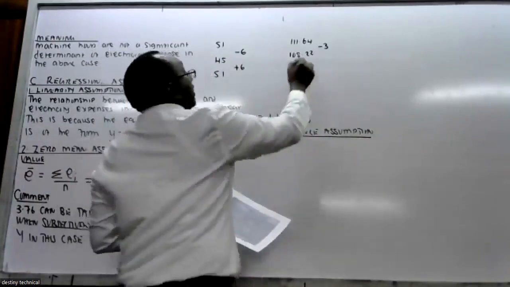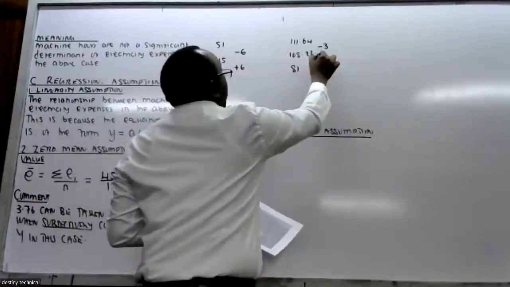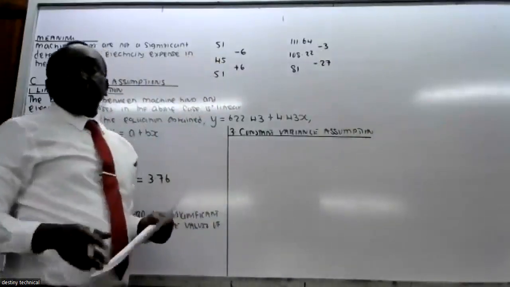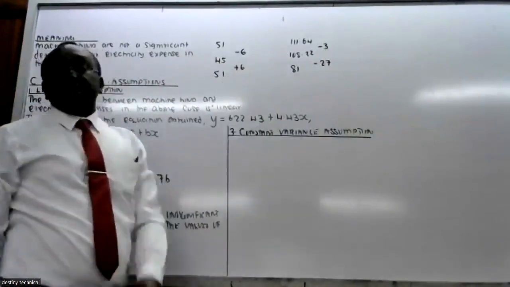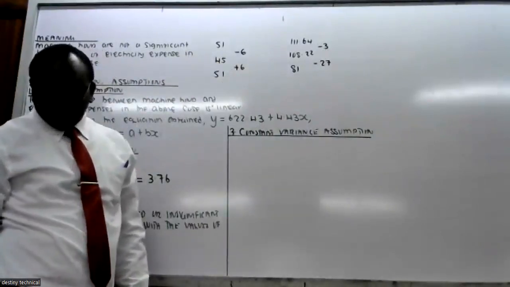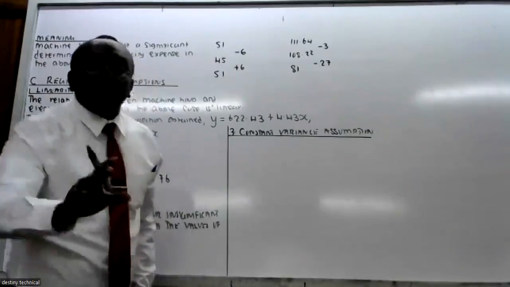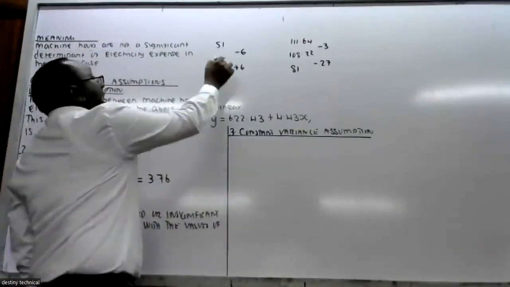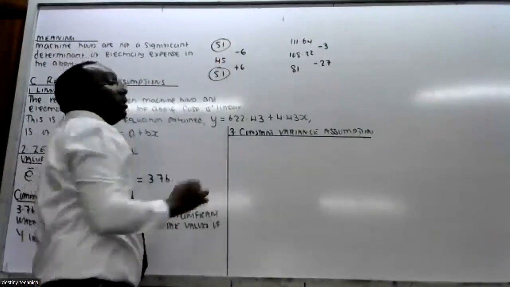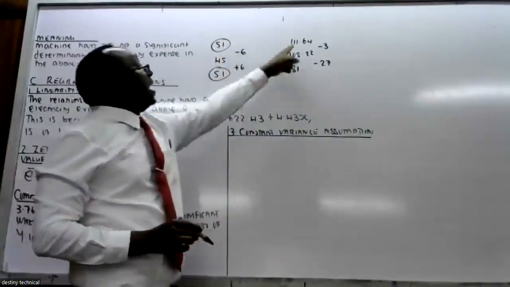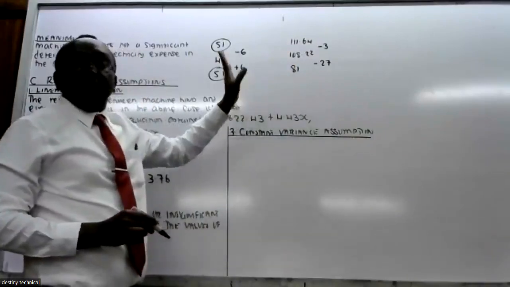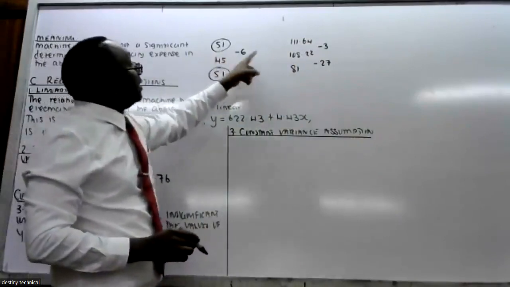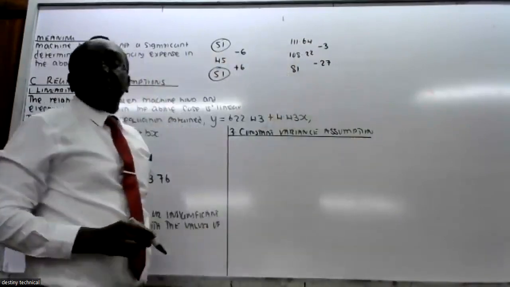So you find it is like now this one has gone down by almost a whole 27. Can you see that error has been violated? And also you can see this 51 is the same as this one. And if the errors are depending on the value of x, then these two values should have the same error, which is not the case.